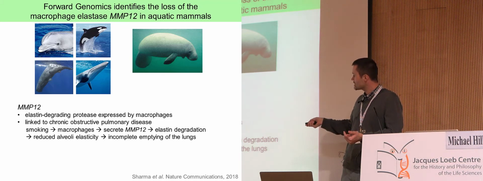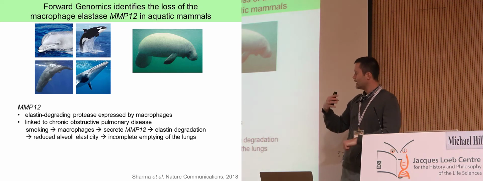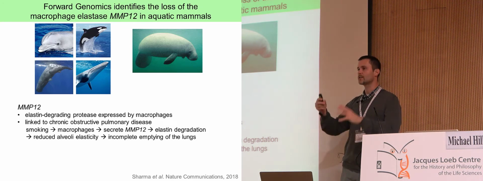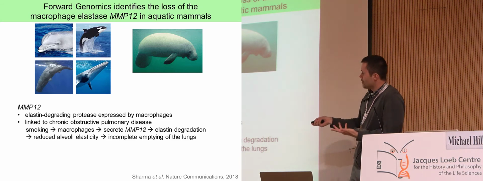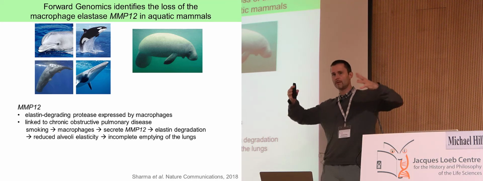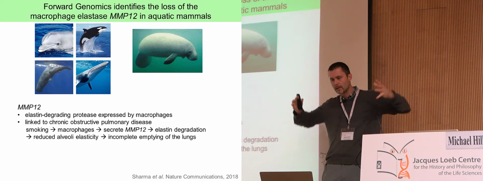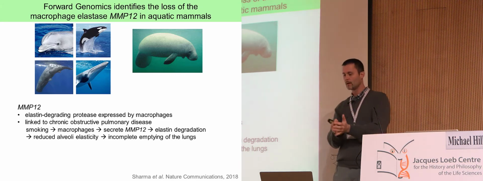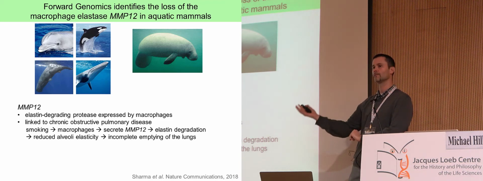MMP12 degrades elastin fibers in the lung, and this in turn leads to a reduced elasticity of the alveoli. This is why these patients have problems emptying their lung, because you need the lung to recoil and keep the airways open to actually get the air out. So hyperactivity of MMP12 gives you an incomplete emptying of the lung.